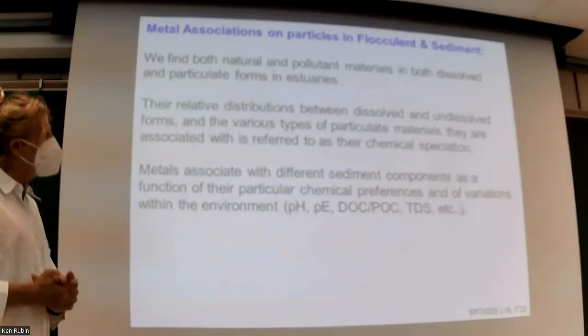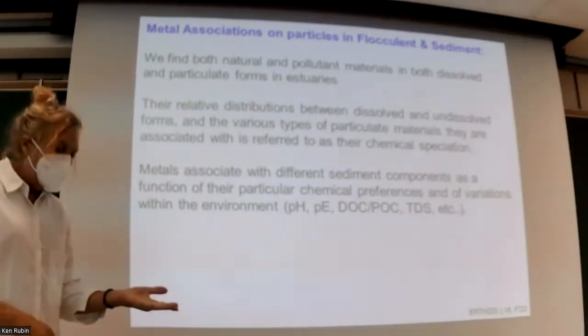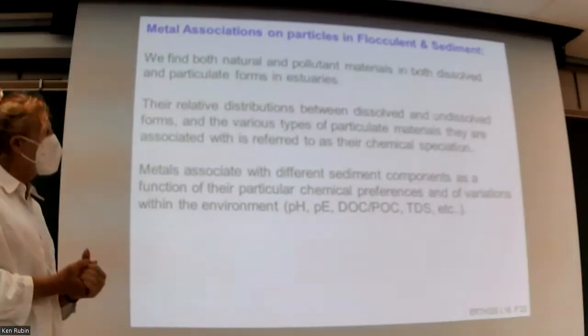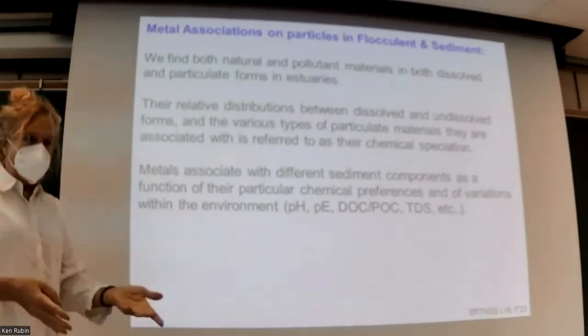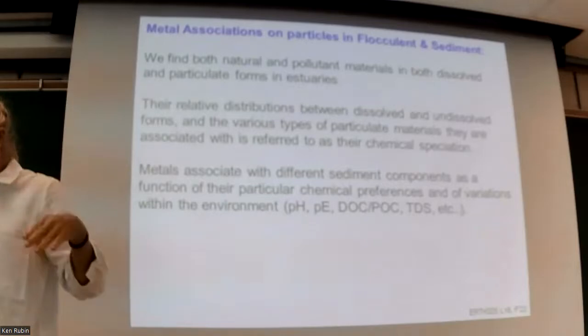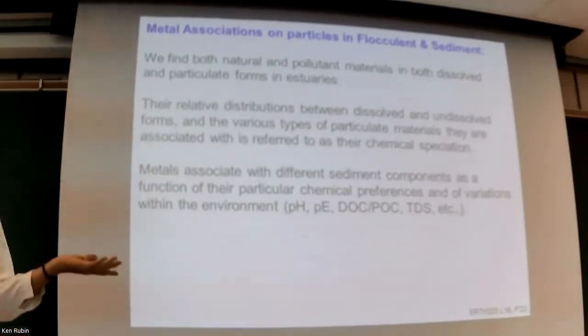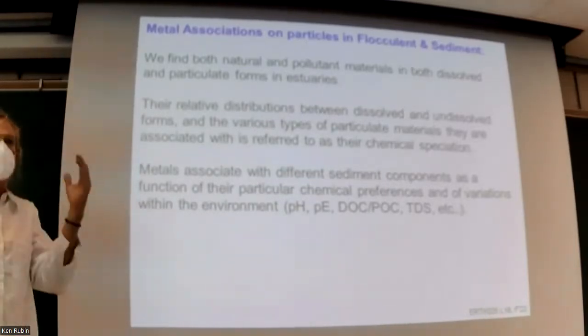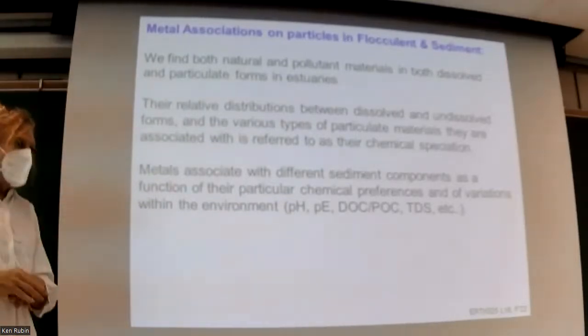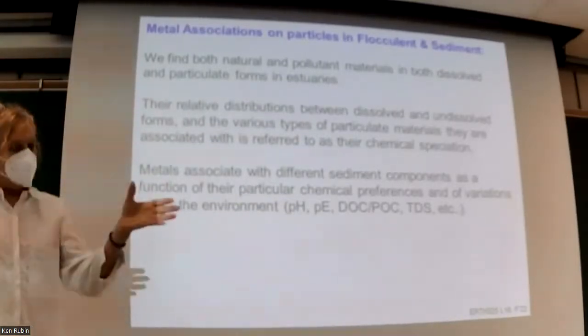We have particles that come from human activities, various things that wash off of roadways and so forth. The list goes on and on. As you can imagine, the chemicals associated with those particles are going to be different depending on what the particle is, right? Some particles really love to have certain things. Other particles have different things stuck to them.